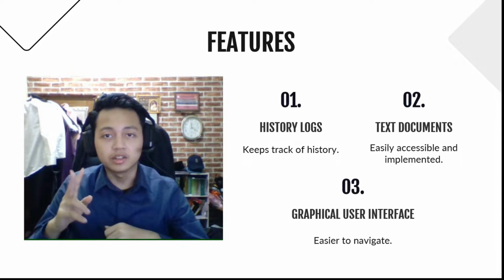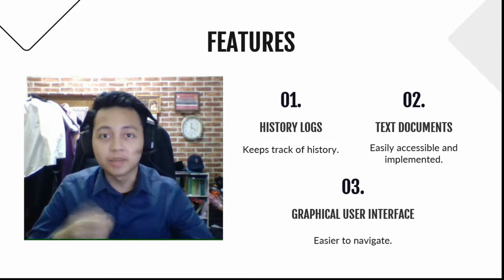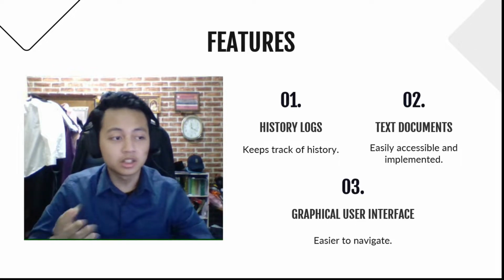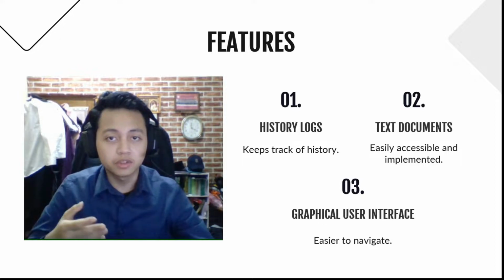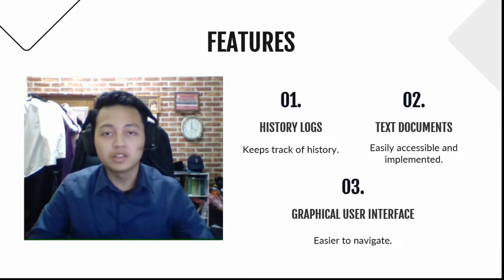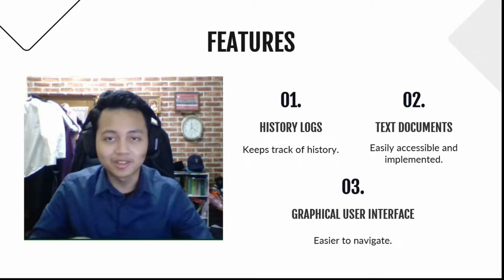Second is the text documents. We use text documents as a method to keep data from the user. Thirdly is the graphical user interface, also known as GUI. This makes it easier for the user to navigate within the system.